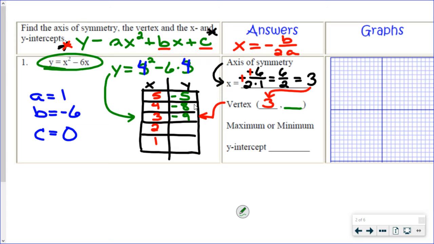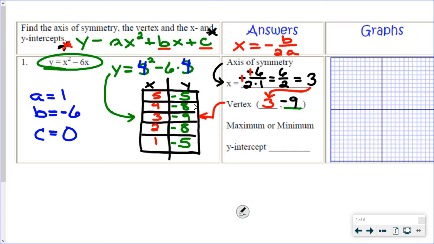So you can pause the video now. Make sure you're getting those numbers in the calculator. Okay. Then we do it for when X is 2, you should get a -8. And when X is 1, you should get a -5. If you're not getting those numbers, ask for help. Those all go in your calculator. So that vertex, just to let you know, was then 3, -9.